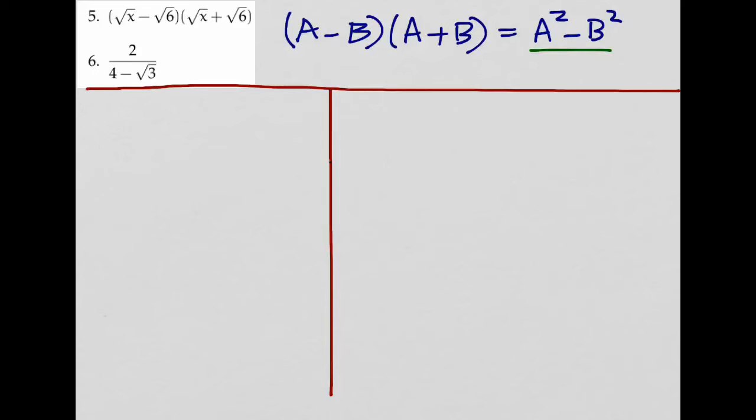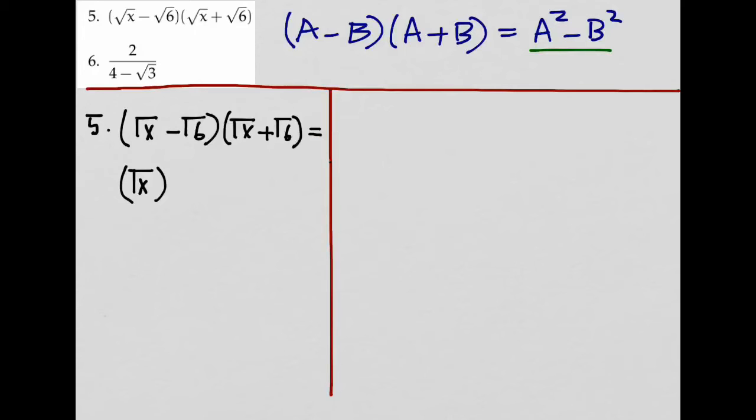So, square root of x minus square root of 6 times square root of x plus square root of 6 equals square root of x squared minus square root of 6 squared, which is equal to x minus 6.